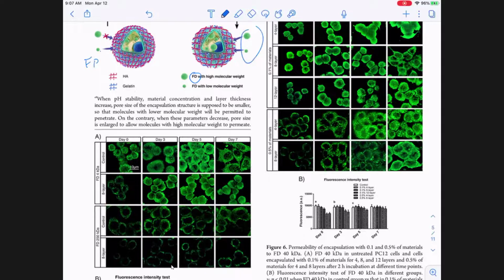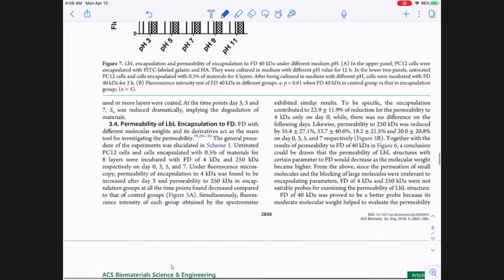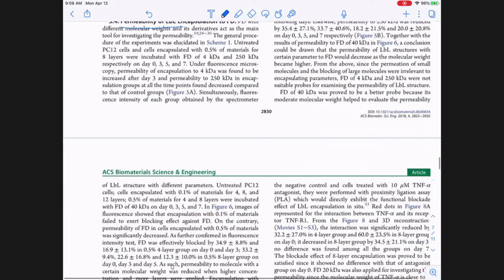If the mesh is pretty loose, both big and small can go inside. So from fluorescence, we can know what's happening. That's the control without any barrier, so a lot of blue and green inside. With 8 layers, we can check what's happening inside. Again, that's a kind of permeability research.